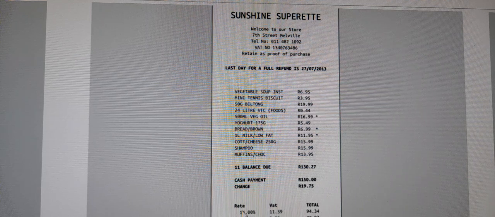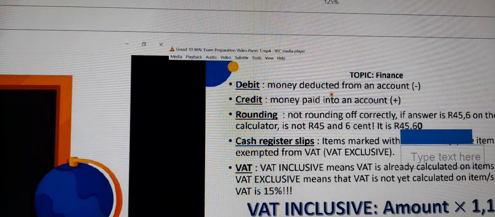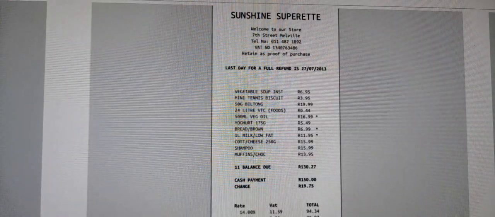The difference is that VAT in this slip was 14%. But in your question they will use VAT 15%. I don't like this slip now, so let's use 14%, but please make sure in your exam your VAT will be 15%.